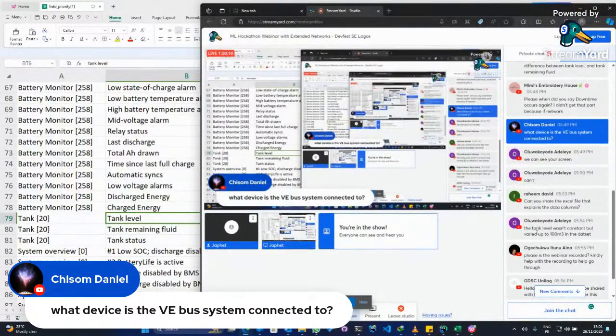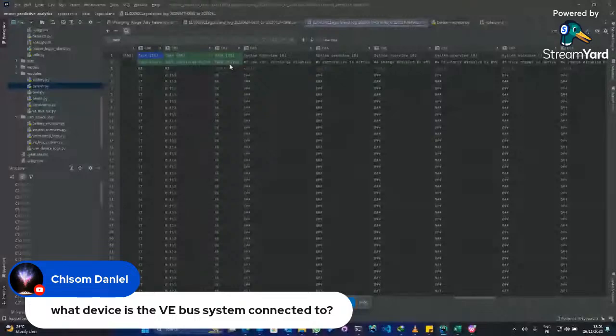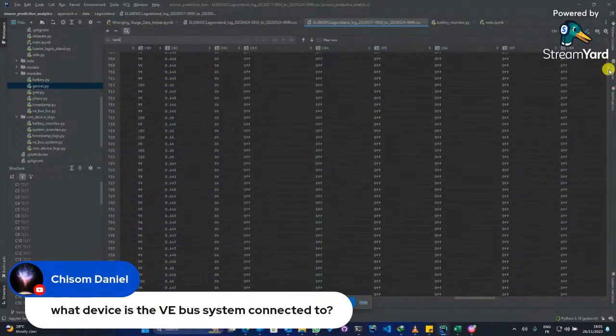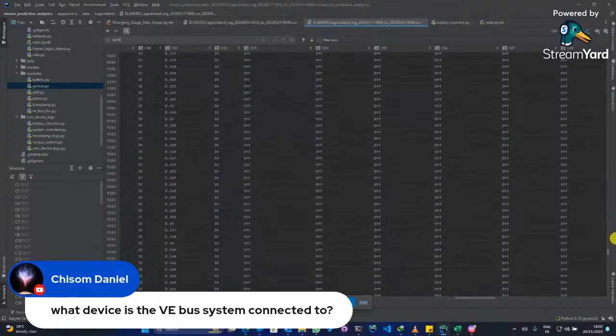I mistook it for the tank maximum capacity, because in one data set they mentioned the tank maximum capacity and it was constant. But here the tank level is in terms of percentage. That is why it varies up to 100.